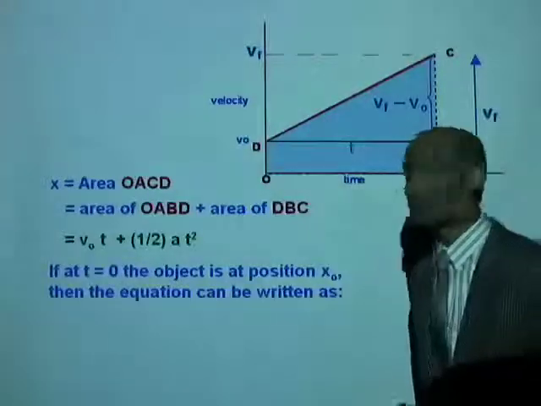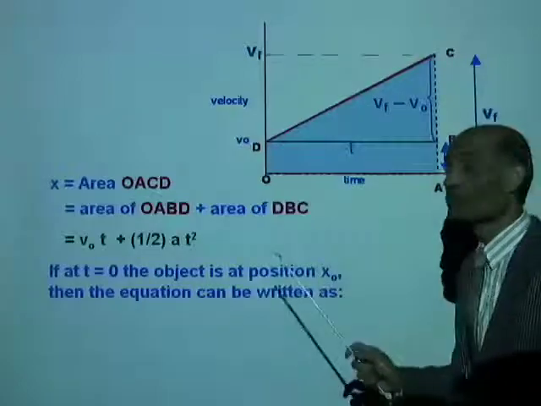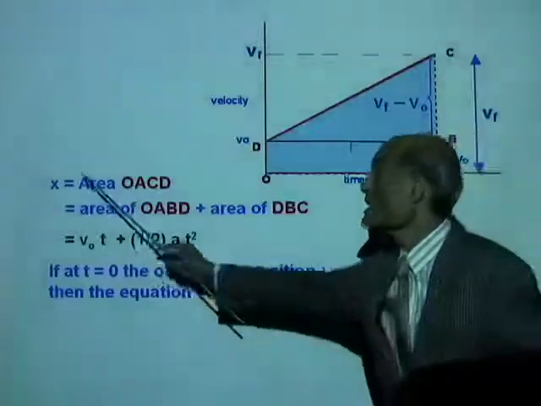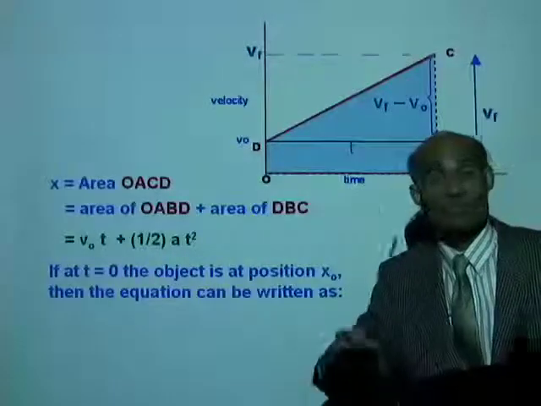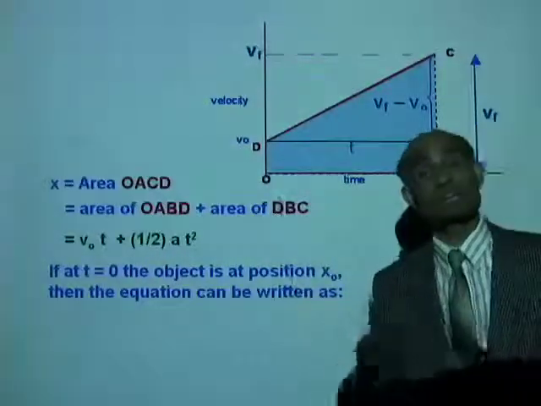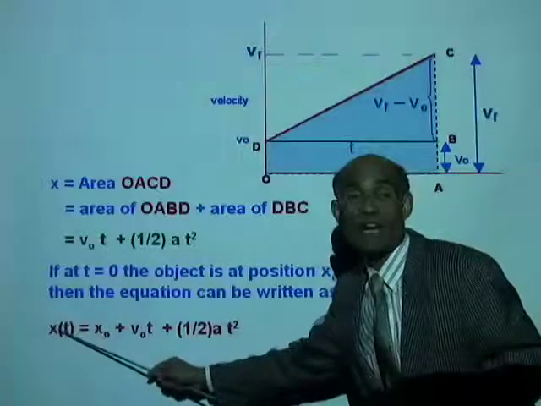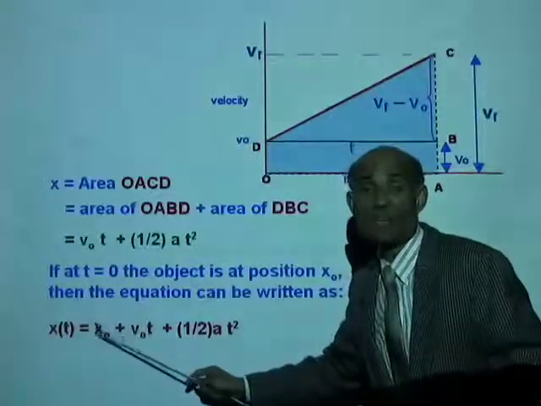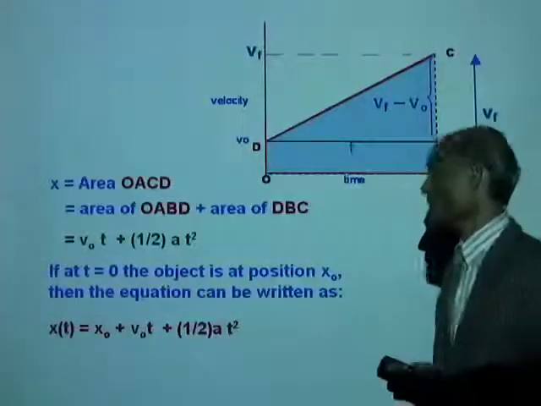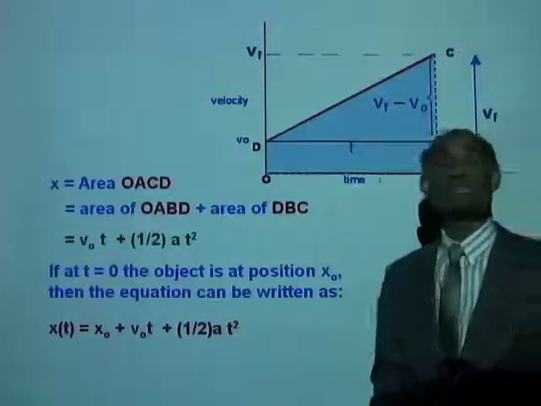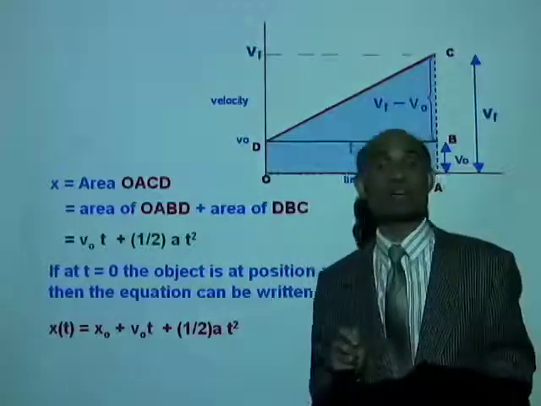Then the position function, the equation for x, the position or the displacement, can be written as x of t, x as a function of time, is x0 plus v0t plus 1/2 AT squared. And this is the second equation.